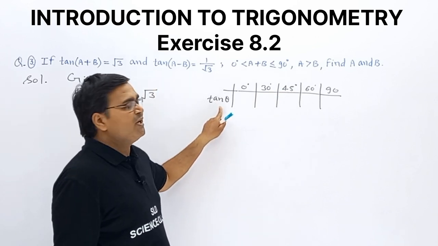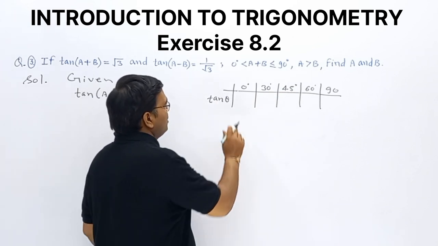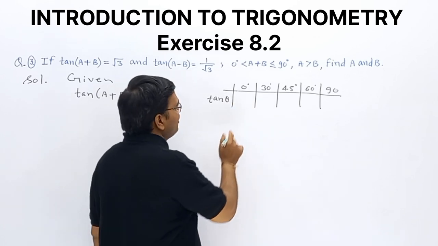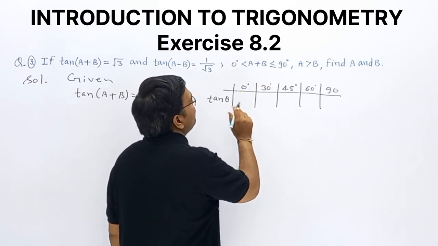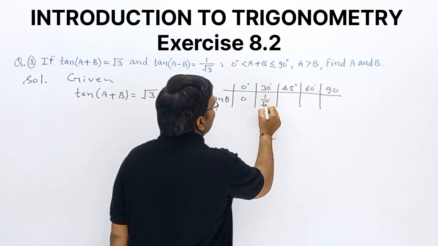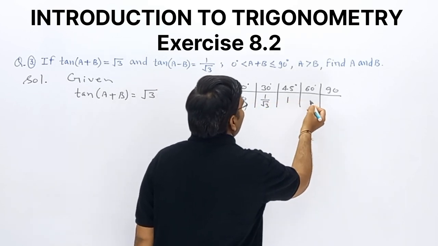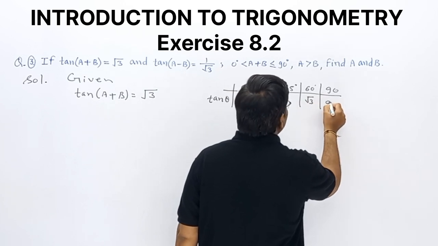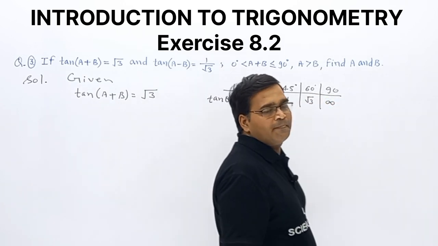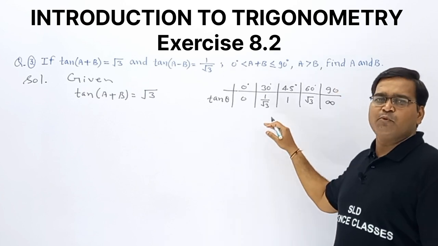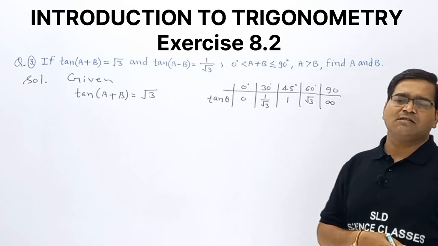This is the ratio of sin theta upon cos theta. So 0 upon 1 will be 0. This will be 1 upon square root of 3. This will be 1. This will be square root of 3. And this will be infinity. So already we studied. Don't worry, if you have a problem, you can observe the previous lecture.